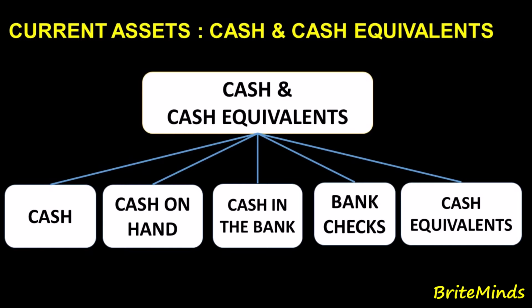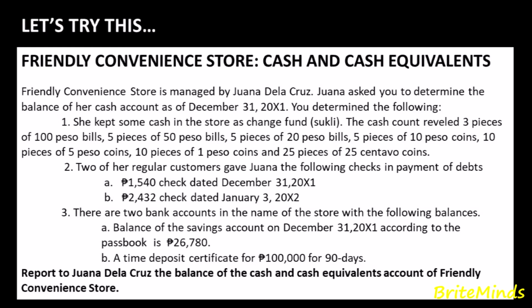Let's try this problem. Friendly Convenience Store, cash and cash equivalents. Friendly Convenience Store is managed by Juana de la Cruz. Juana asks you to determine the balance of her cash account as of December 31, 20X1. You determine the following. Number 1, she keeps some cash in the store as change fund or sukli.